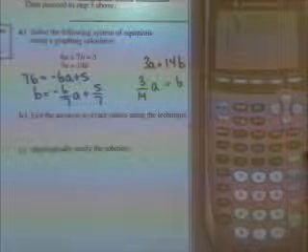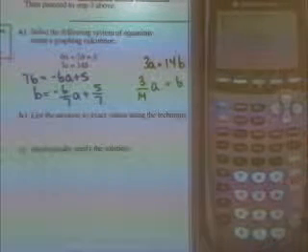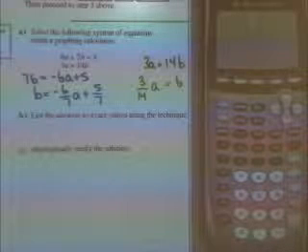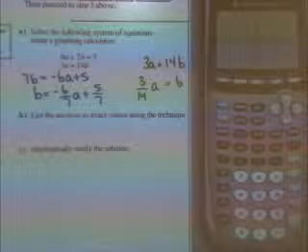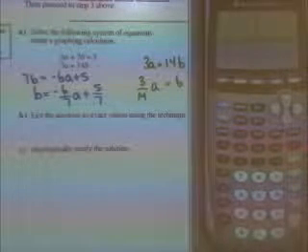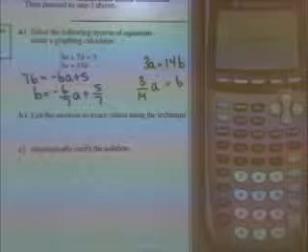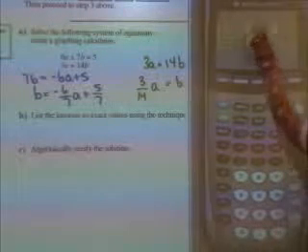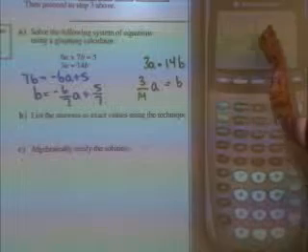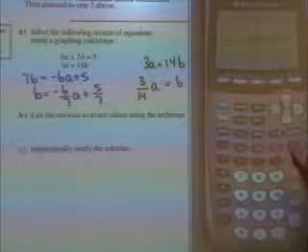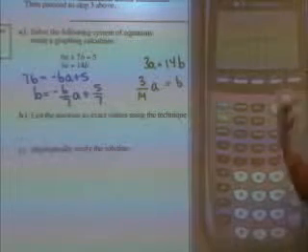Go back to my standard window settings, so that would be zoom 6. There's my first graph, that was the 5/7, 6/7 graph. And there's my second one. So all of my intercepts are quite clustered, quite close. So I could change all of this and shrink it up.